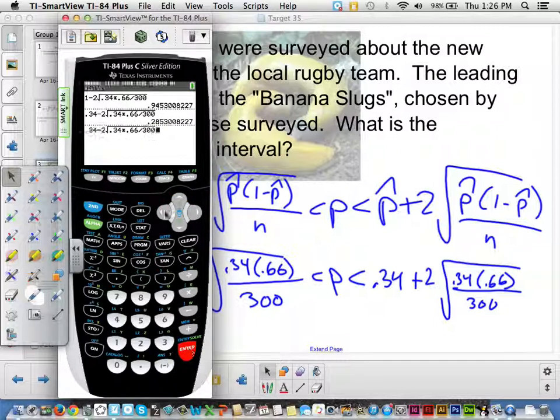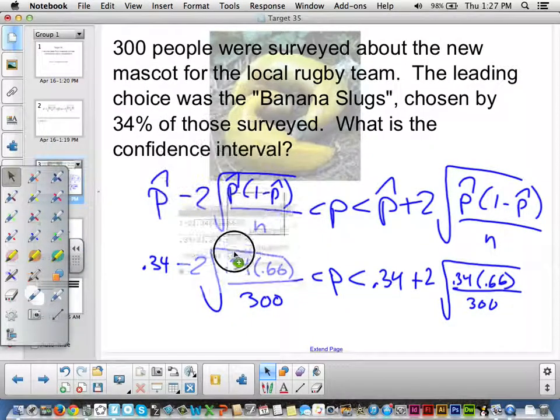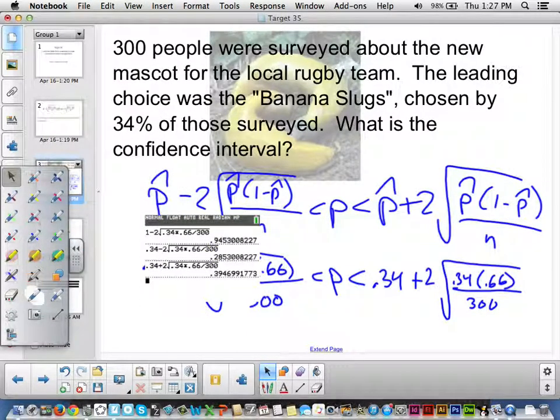Our upper level is the same thing, we just change our minus to a plus. And our upper bound is 39.4. So we are 95% sure that the proportion of people that want the banana slug is between 28.5% and 39.4%.